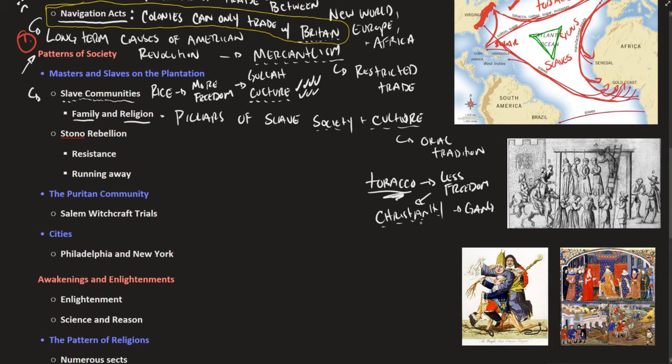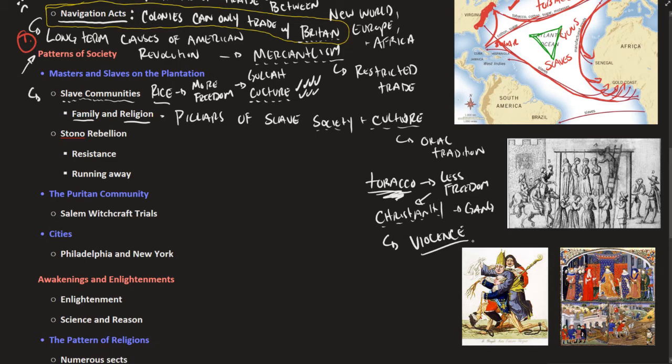But what we could say about slavery in the Low Country on rice plantations and slavery on tobacco plantations was, again, that family and religion were the basis of society and culture. And that both of these, whether you're talking about South Carolina, Georgia, or tobacco in Virginia, at the end of the day, it was violence which kept the system in place, right?